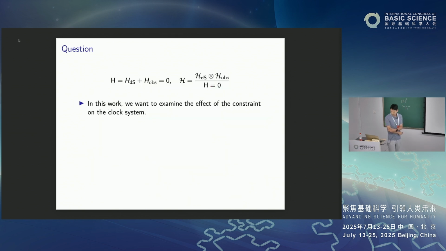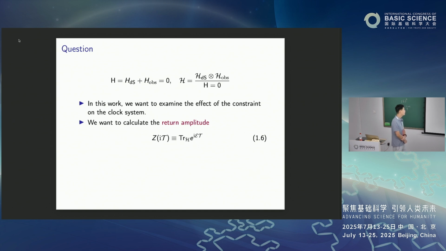But let's set that aside. Maybe that will change our interpretation of what static patch de Sitter holography means. But for our purpose, let's just assume this minus sign does not change the whole story. We want to examine the effect of the Hamiltonian constraint on the clock system.